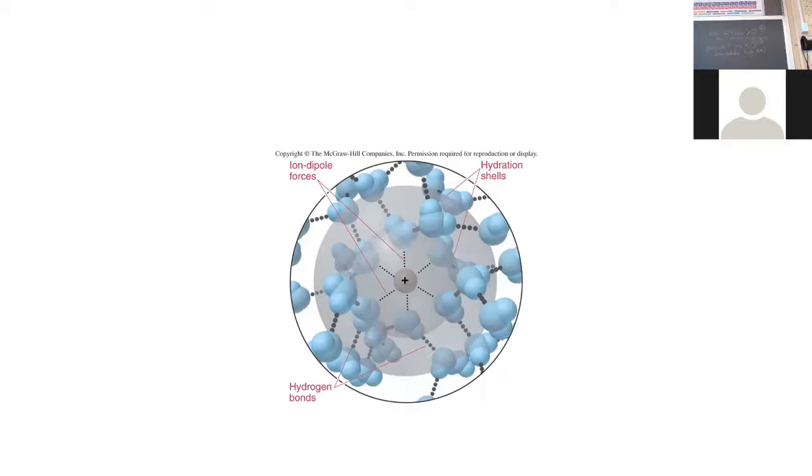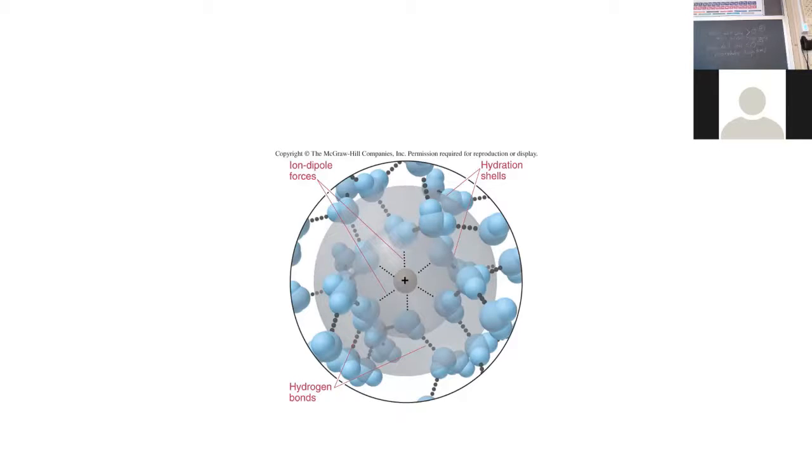Okay. So we can imagine that if we replace this +1 charge with a +2, there's going to be a stronger attraction, and there's also going to be more organization, right? Because we're going to have more layers of the water that are still going to feel that positive pull from, say, a calcium 2+ than from the potassium 1+.